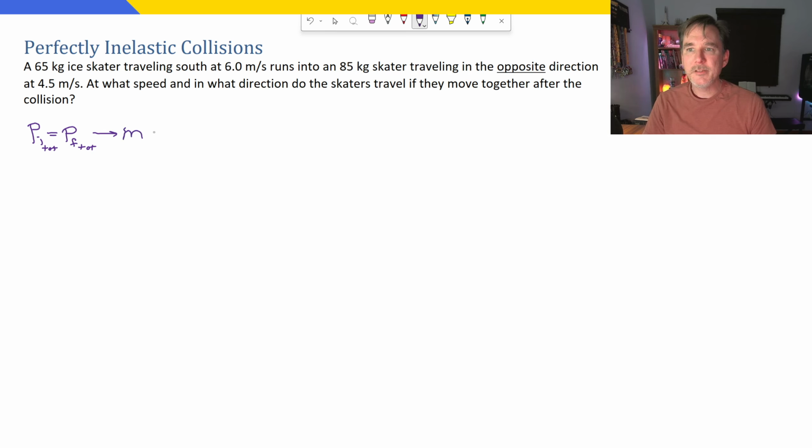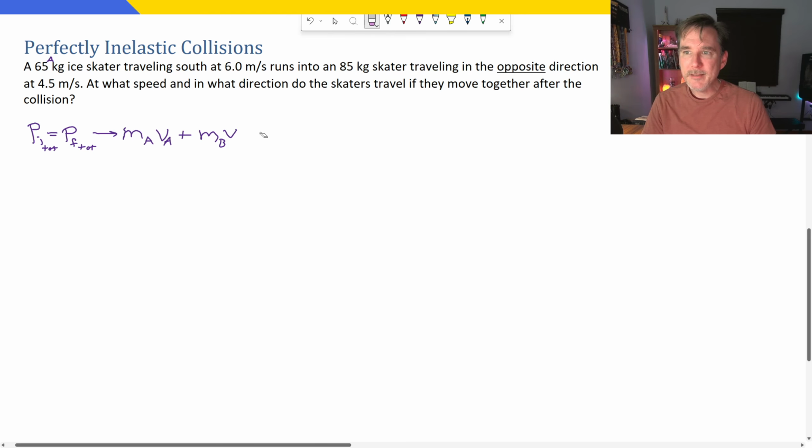So the mass of the first skater, I'm just going to call the 65 kilogram skater A. All right, it makes it a little easier. And skater A's velocity, mass times velocity, because momentum is mass times velocity, plus the mass and velocity of skater B. So we've got the mass and velocity of these two skaters, which means we have the momentum of both these skaters.